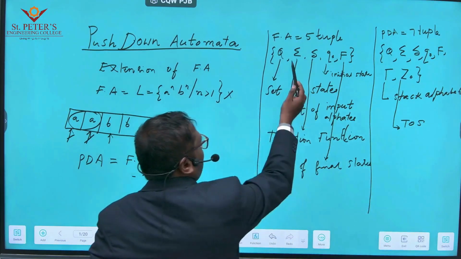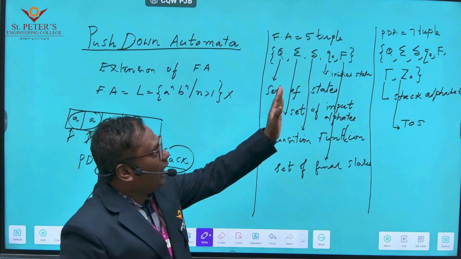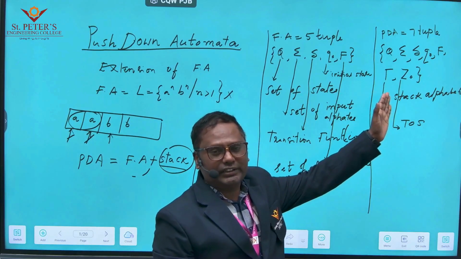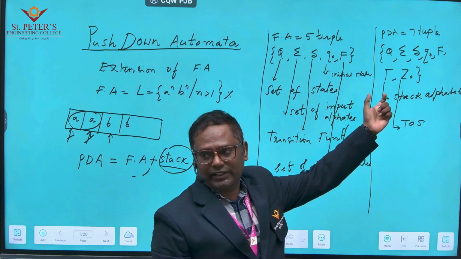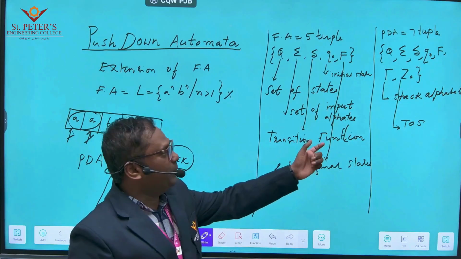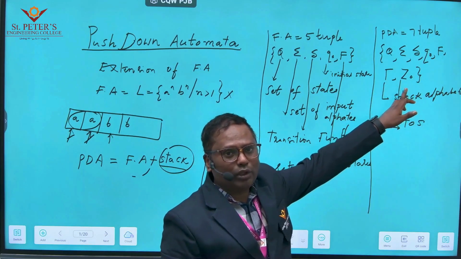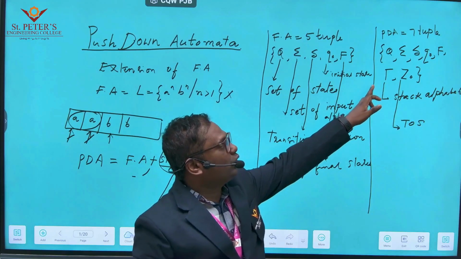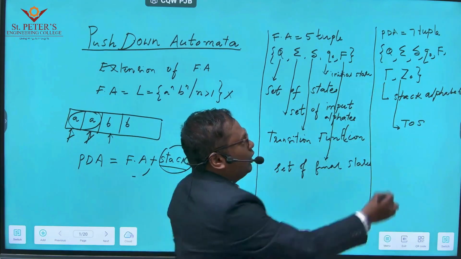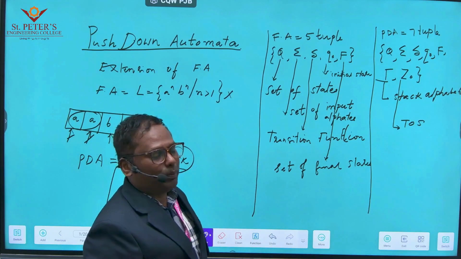A finite automata contains 5 tuples and a pushdown automata contains 7 tuples, where 2 tuples are extra. These 2 tuples are related to the stack. One is the tau symbol and the other one is Z0. Tau indicates the stack alphabet, and Z0 indicates the top of the stack.